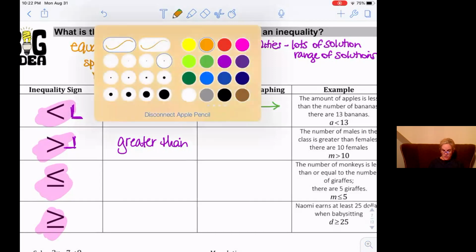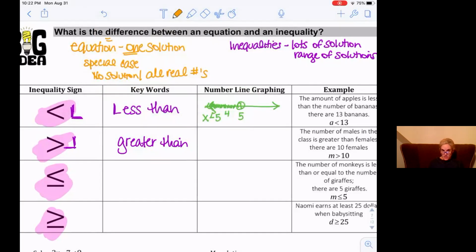If we wanted to graph a greater than, say x is greater than 3, we would take our number line and put 3 on there. Just like before, I'm going to put a circle on 3, and since I'm not including 3, we would use an open circle.